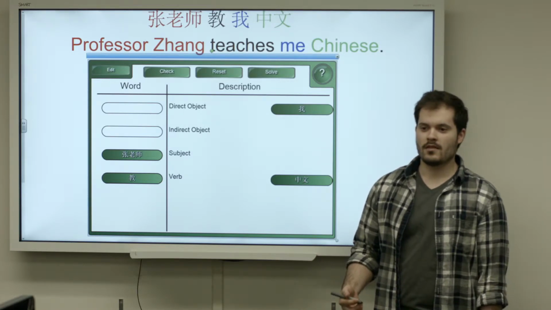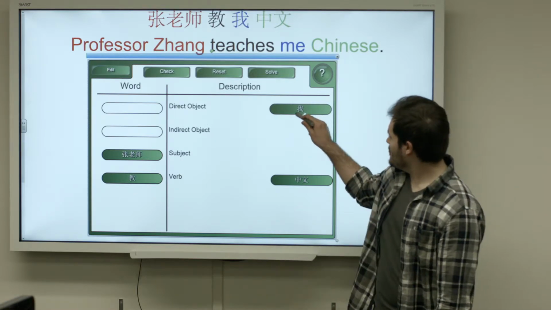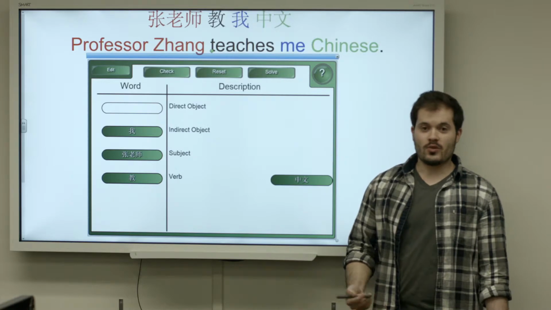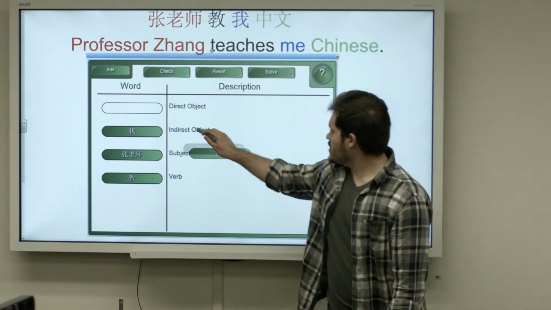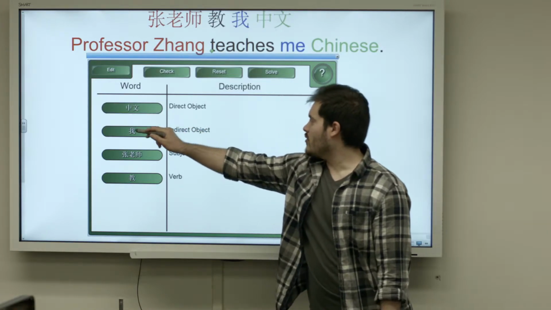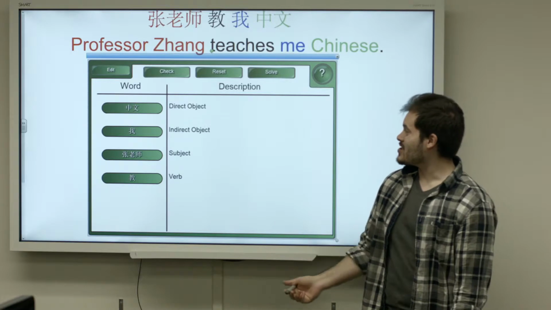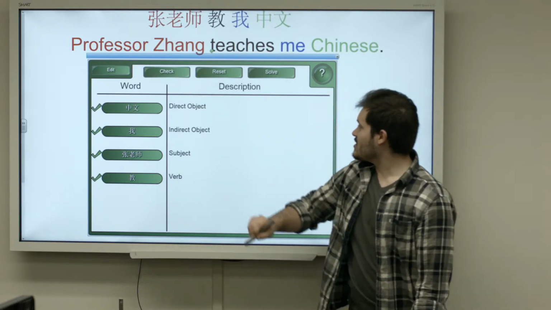Because, well, you guys get it, right? 我 is the indirect object because it's a person. It's a thing that's capable of being taught. And 中文 is the subject that's being taught, not the subject of the sentence. So 中文 is the direct object, 我 is the indirect object. Let's check and see if we're right.